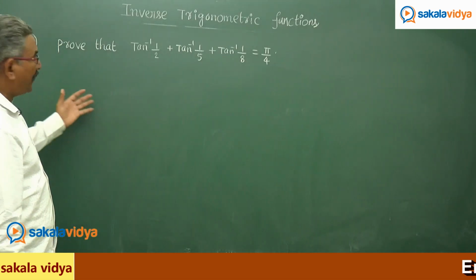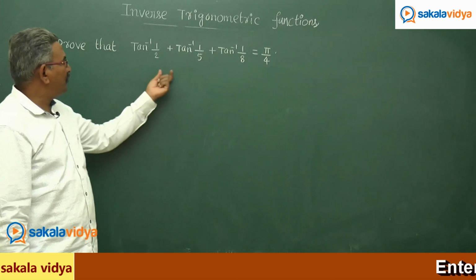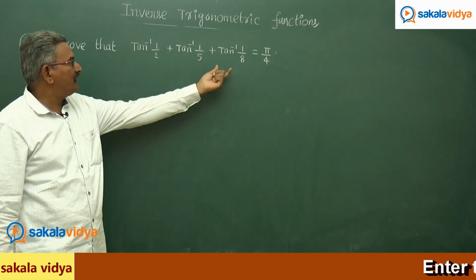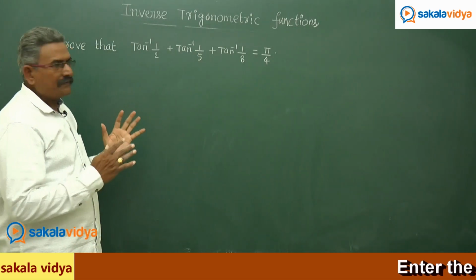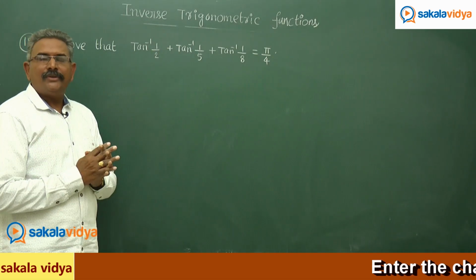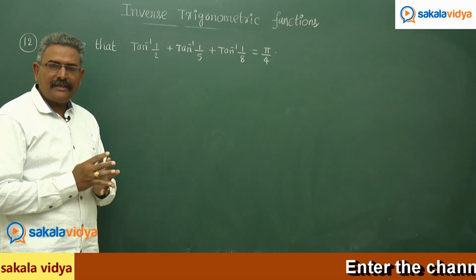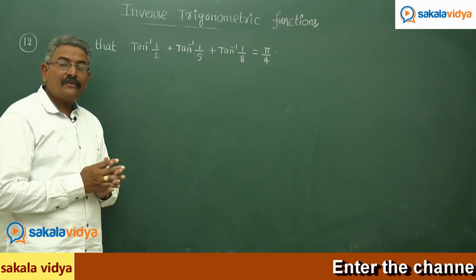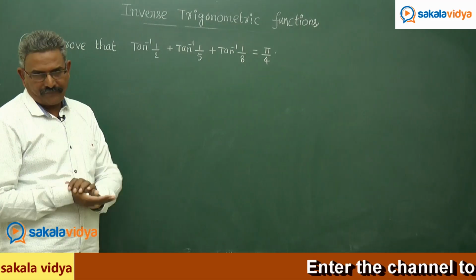So let us move to another problem. Prove that tan inverse 1 by 2 plus tan inverse 1 by 5 plus tan inverse 1 by 8 equals to pi by 4. So that means first let us find out the sum of the first two terms using the formula tan inverse x plus tan inverse y equals to tan inverse of x plus y by 1 minus xy, providing xy less than 1.